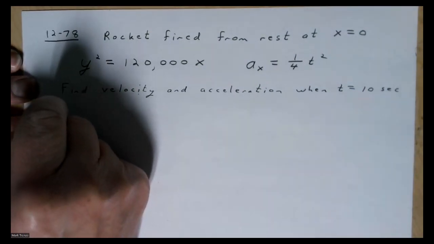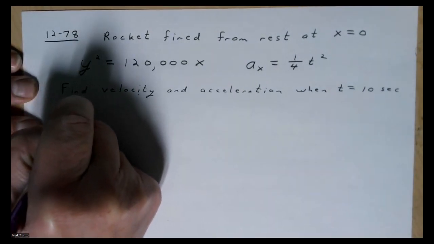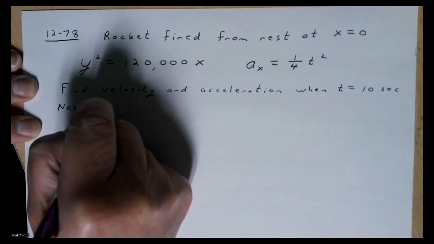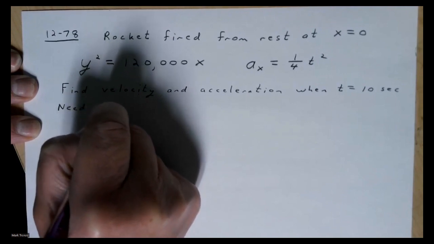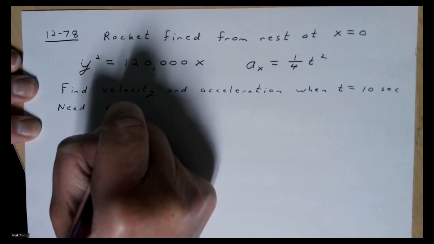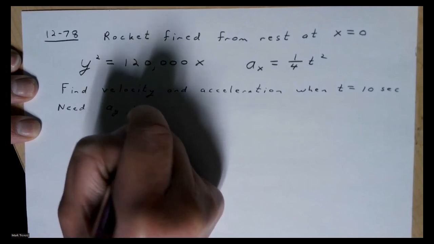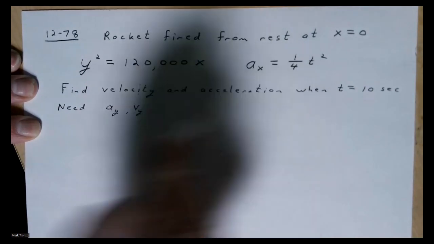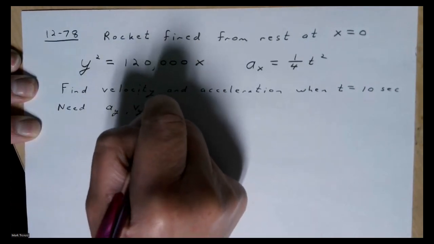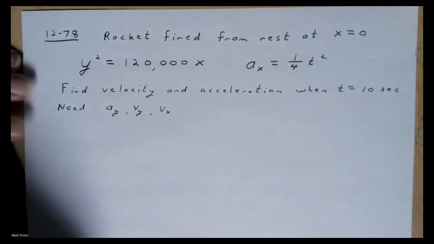We need a of y, acceleration in the y direction, velocity in the y direction. We have a of x, and we also need v of x.